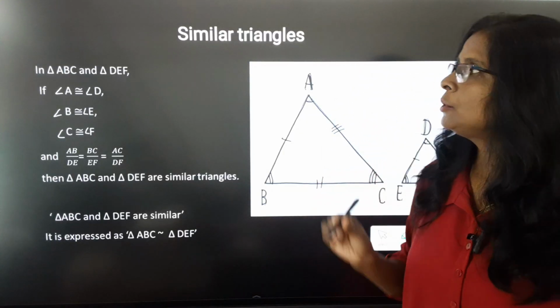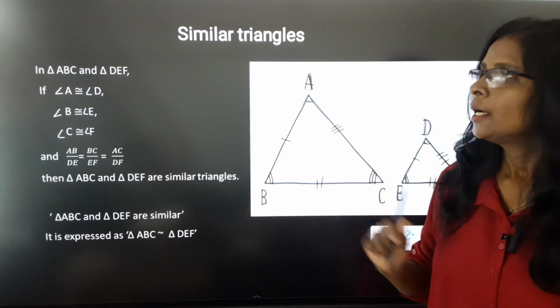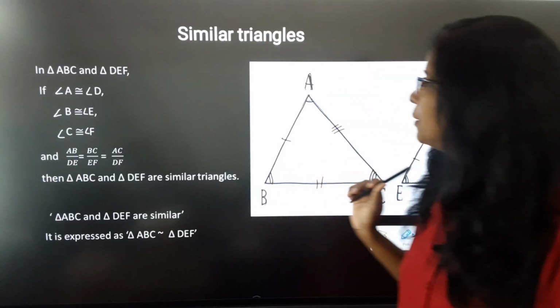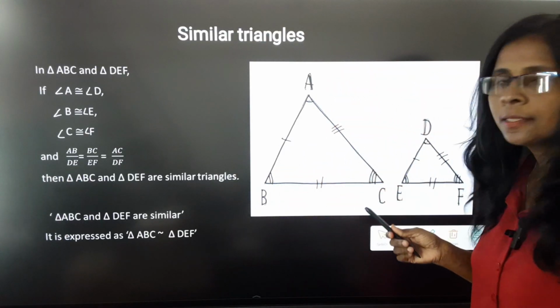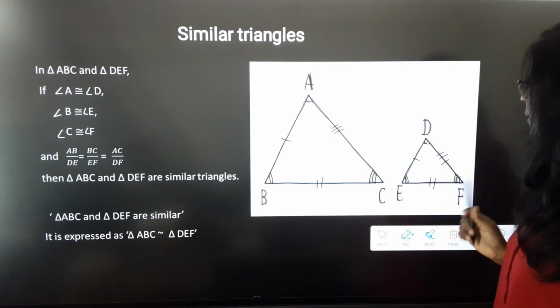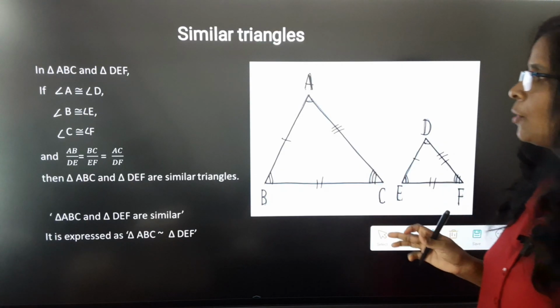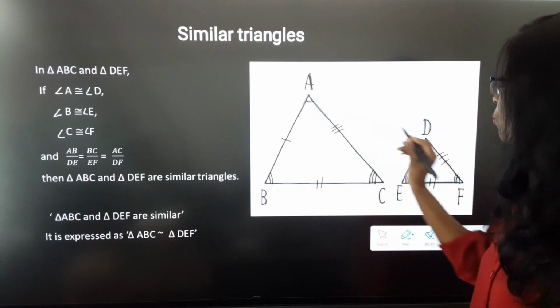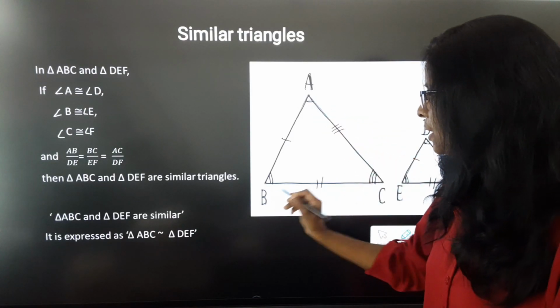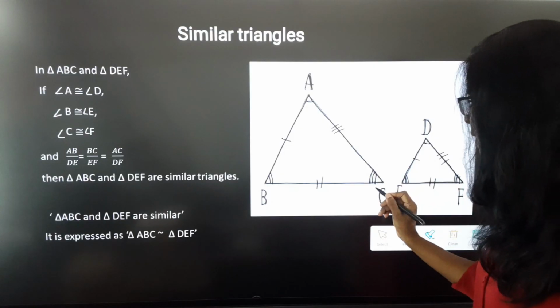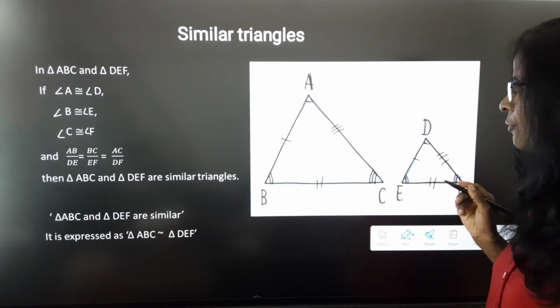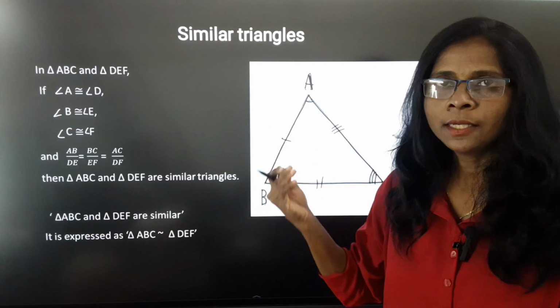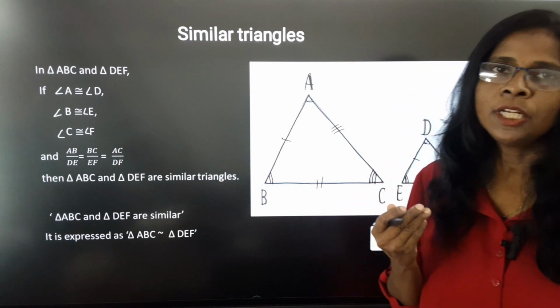Let us study about the similar triangles, students. Now here there are two triangles, ABC and DEF. If you observe carefully, angle A is congruent to angle D, angle B is congruent to angle E, angle C is congruent to angle F. So now three angles are congruent to each other.